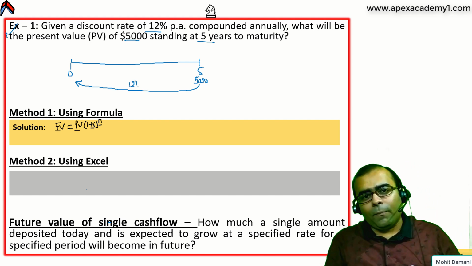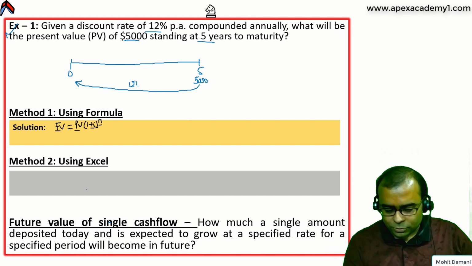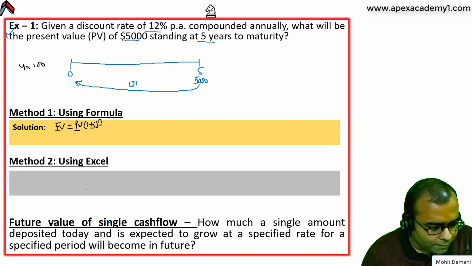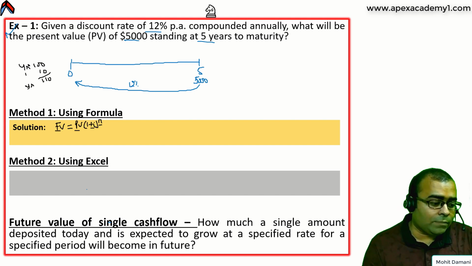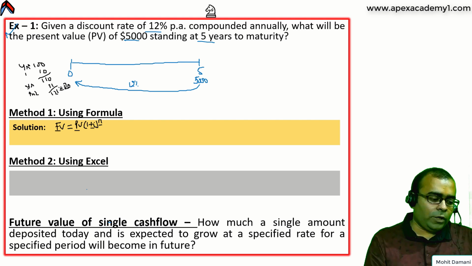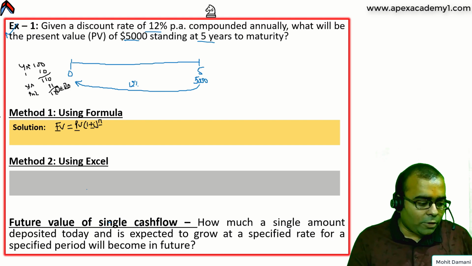In year 0 you invested 100, in year 1 you got an interest of 10, so the ending investment at year 1 becomes 110, and in year 2 the interest is on 110. That extra one is the beauty of compounding, and that's why everyone runs after compounding and not simple interest.